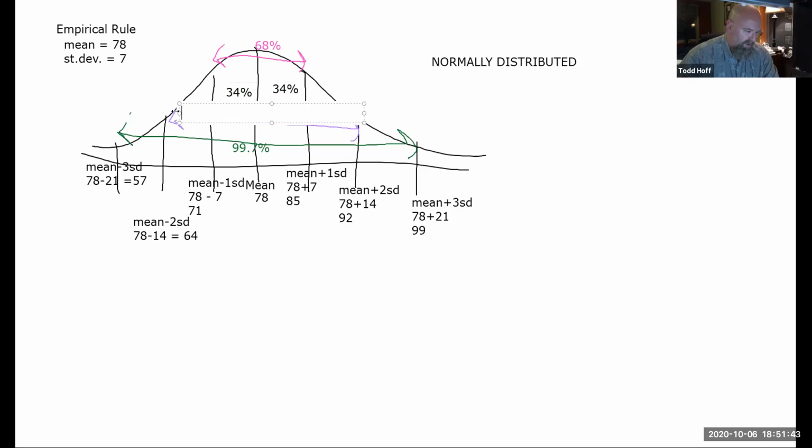Well, I've got the 34 there already, so this would be 13.5%. And this would be 13.5%. And then, of course, out here, this is going to be 2.35% and 2.35% over here. And on the way outside here is the remaining 0.15%.